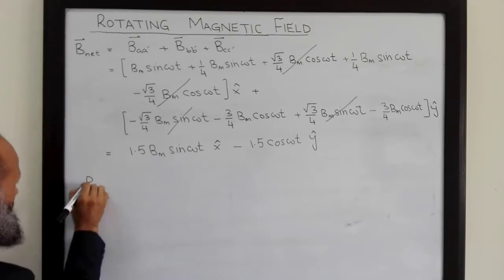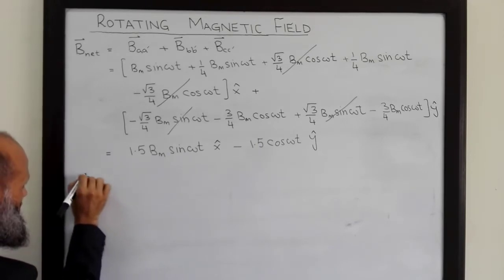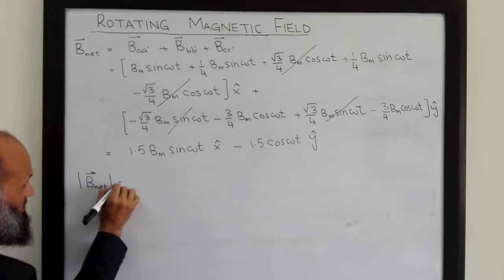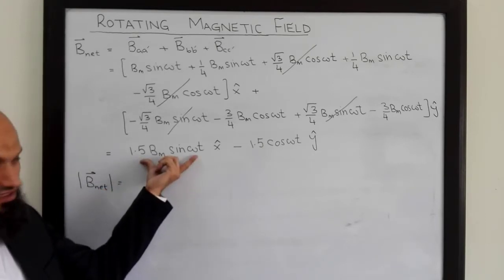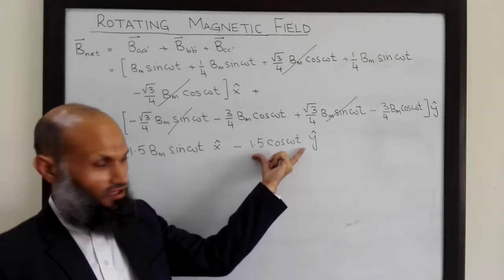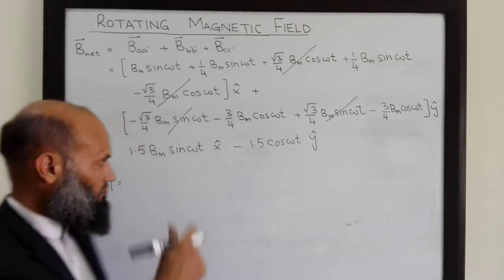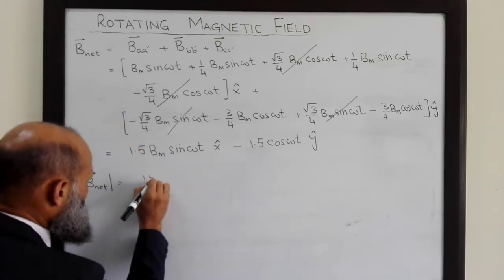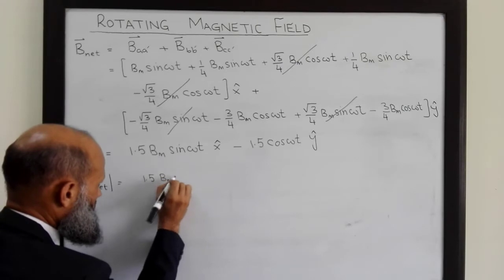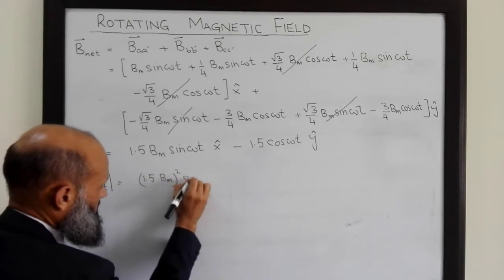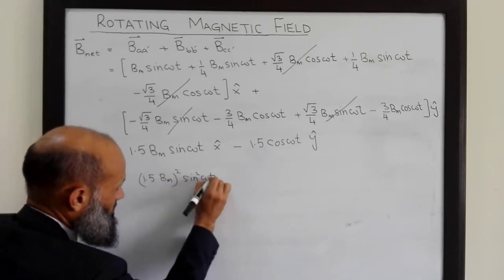What is the magnitude? V net magnitude, that is equal to square root of the square of the horizontal component plus square of the vertical component, that is 1.5 Vm square sine square omega t.